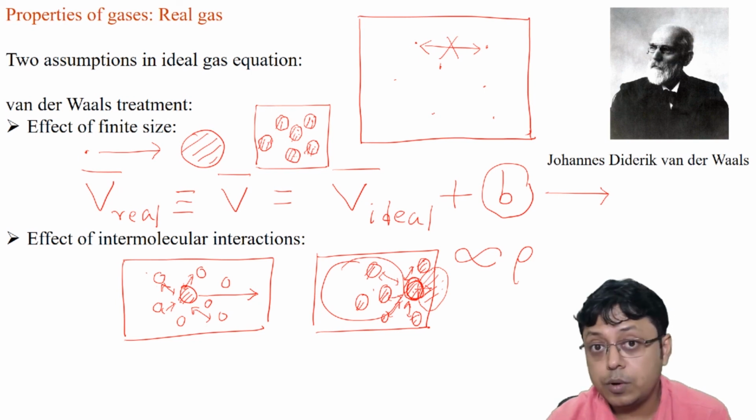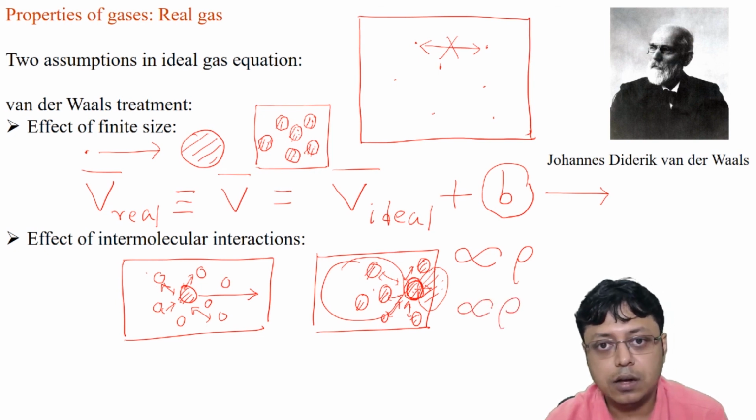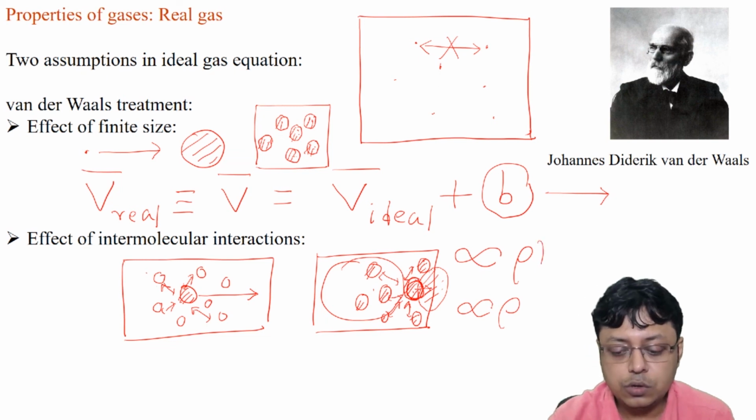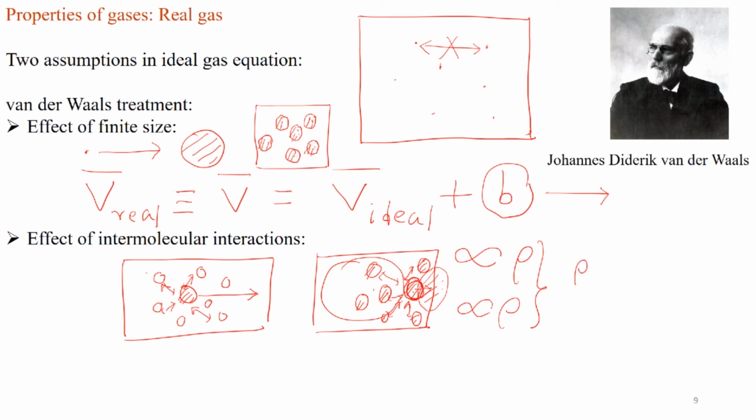So it will also be proportional to how many molecules are present in the bulk. That number is also proportional to the density of the gas. So together, the reduction in the pressure will be proportional to the square of density. And since density is inversely proportional to molar volume, it will eventually be inversely proportional to the square of molar volume.